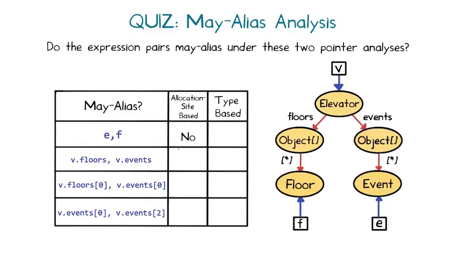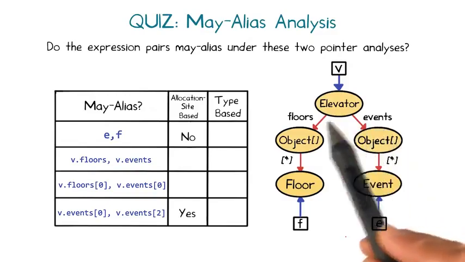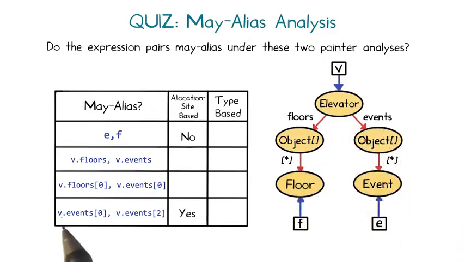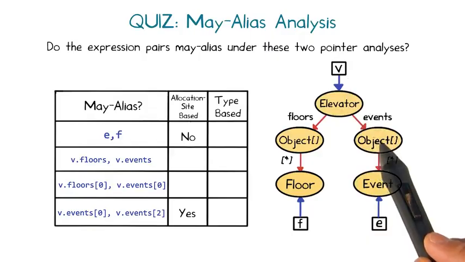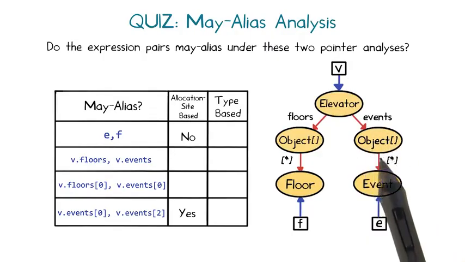On the other hand, if we ask whether v.events[0] and v.events[2] may alias, then we answer yes. If we follow the arrows in the graph to find the abstract object referred to by v.events[0], we would first follow the blue arrow to the elevator node, and then the red events arrow to this object array node, and then the red asterisk arrow to the event node.